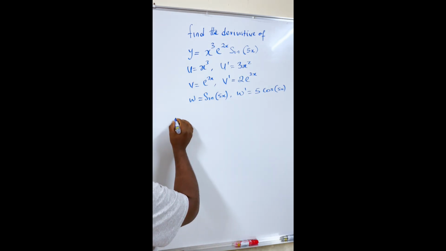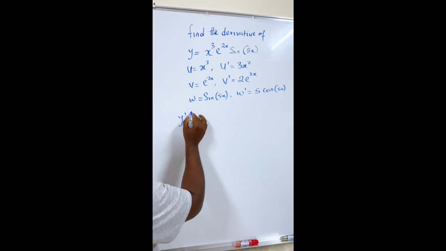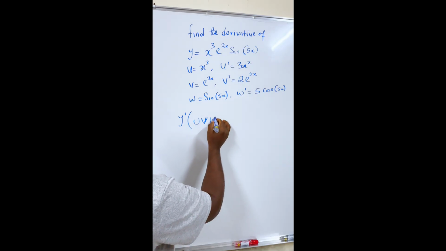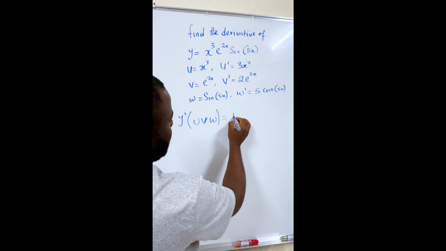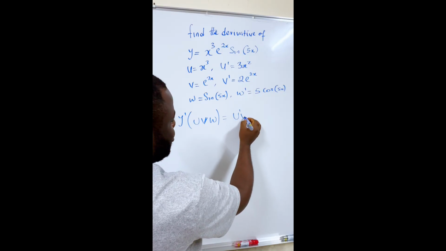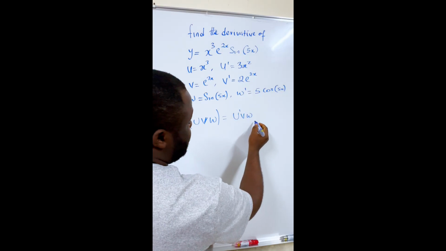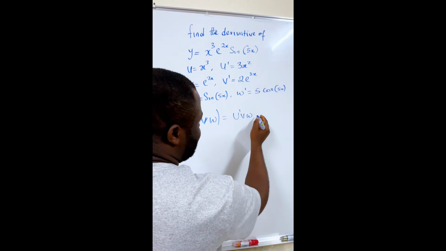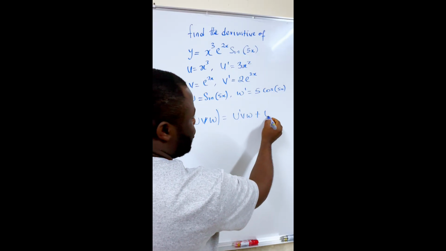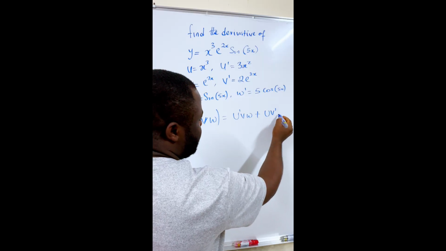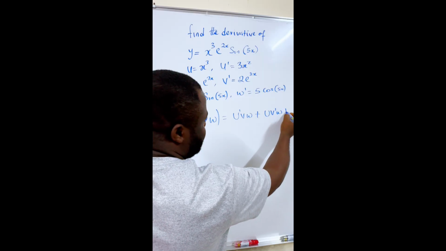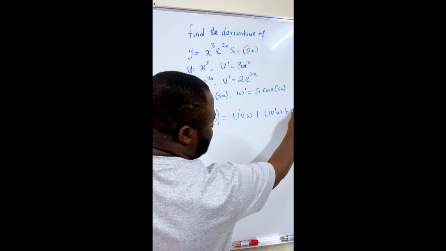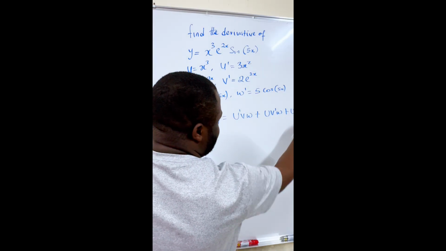So let's now find y prime. Y prime of u v w is going to be u prime multiplied by v multiplied by w, then plus u multiplied by v prime multiplied by w, then plus u multiplied by v multiplied by w prime.